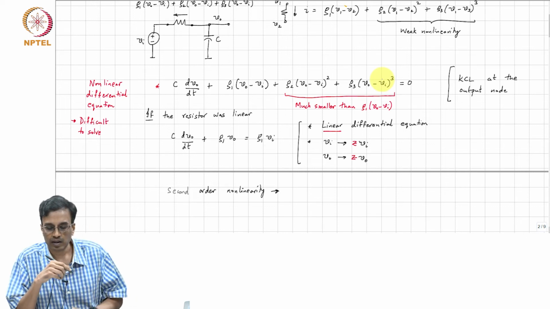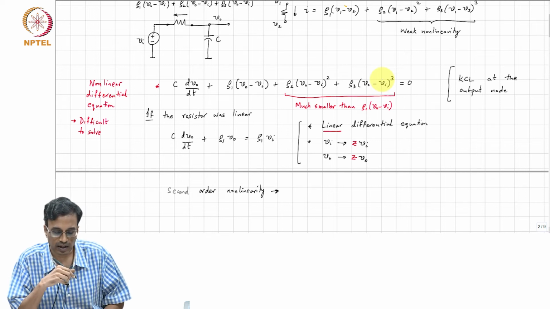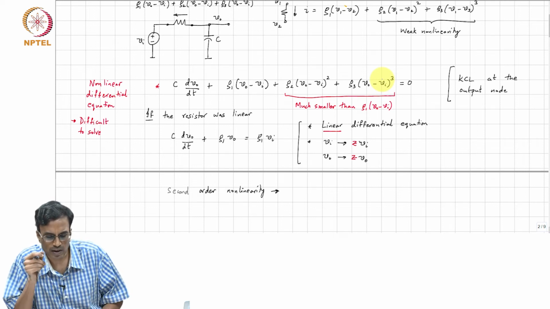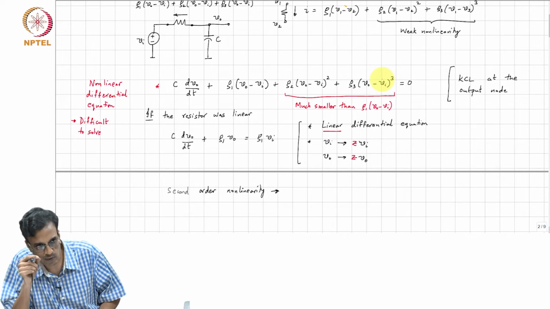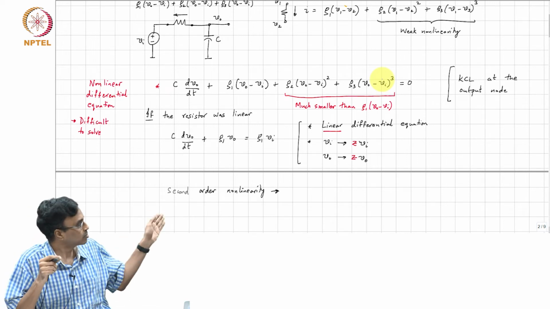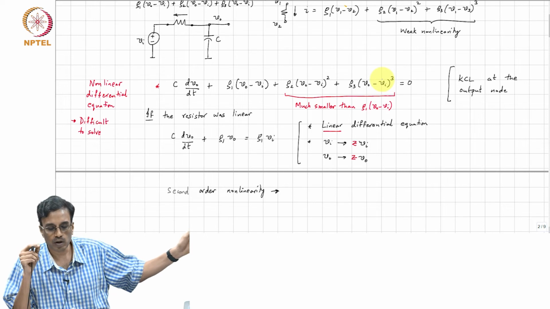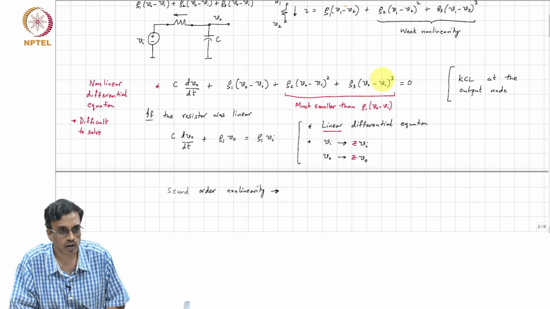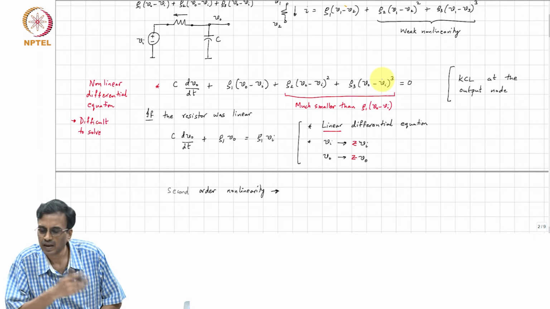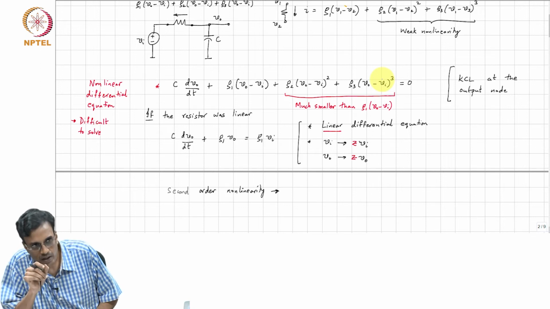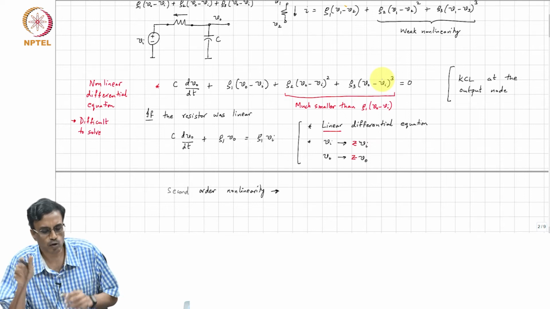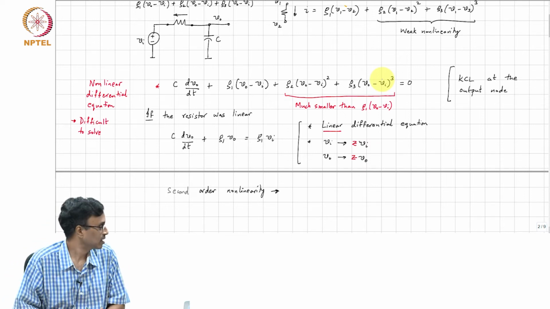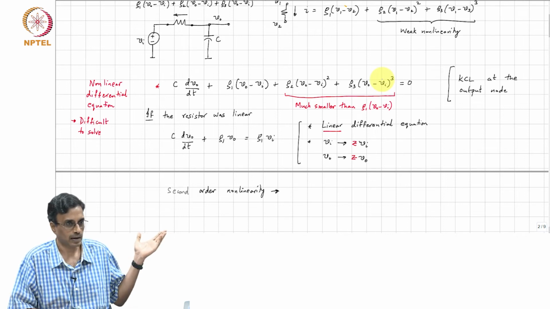So, if z was a very small number, in other words, if the input was multiplied by a number z, where that z is a very small number, then what terms do you think you can neglect, you can forget about, to find the output? That weakly nonlinear terms. Yeah. So, if the input is tending to 0, then you can forget about the nonlinear terms, and you just use the linear differential equation, which you can solve easily, correct.